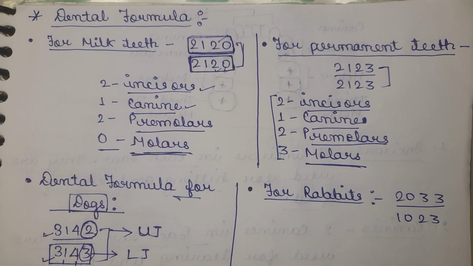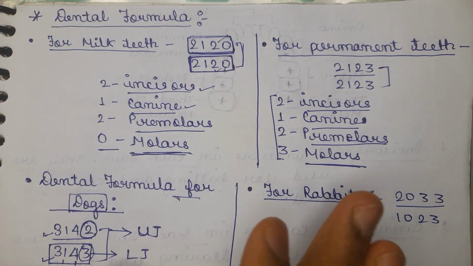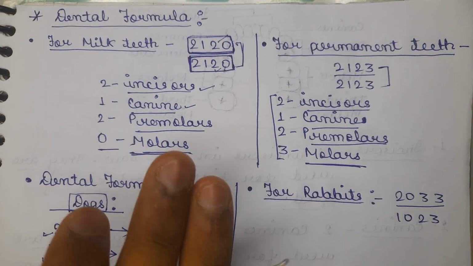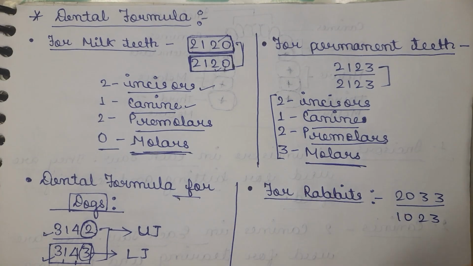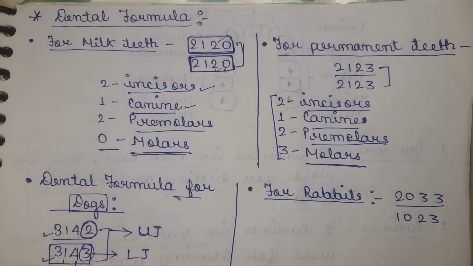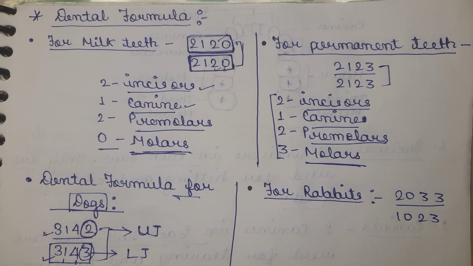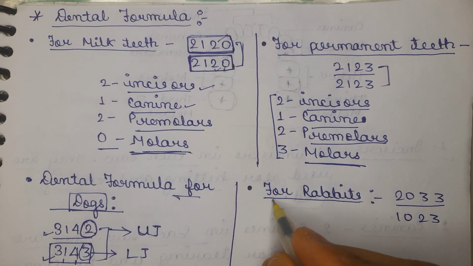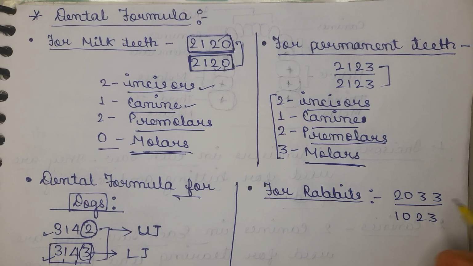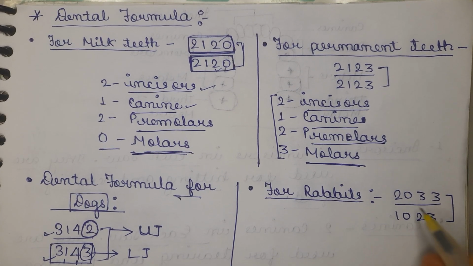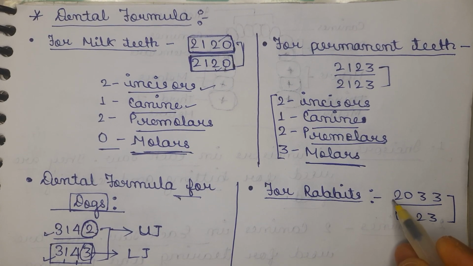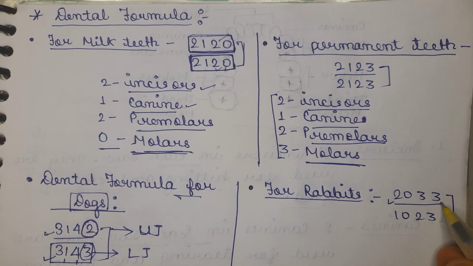So this is basically the difference, but in humans there is no difference between any human according to their teeth sets. Now the fourth one is for the rabbits. The arrangement of the dental formula is 2033. It means 2 incisors, 0 canines, 3 premolars, and 3 molars.